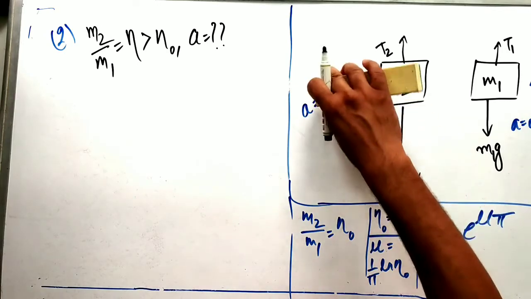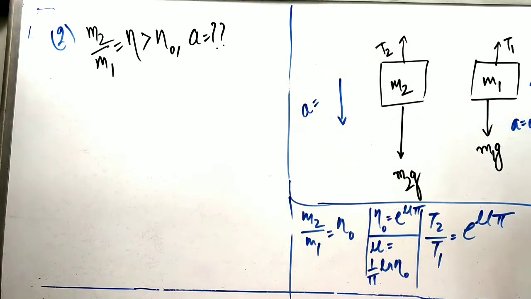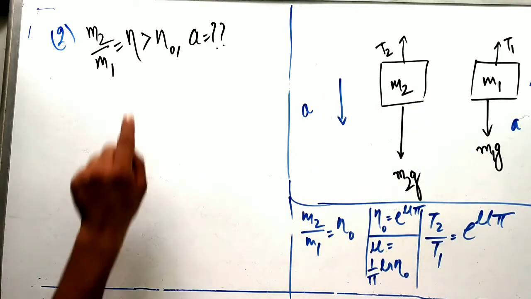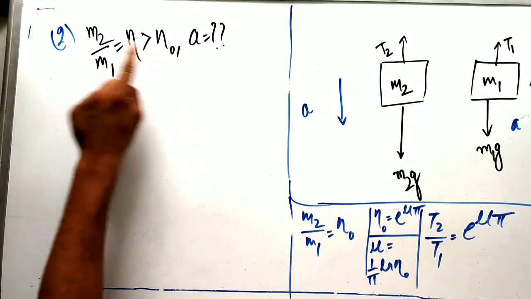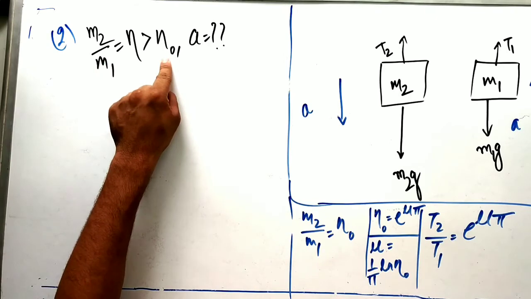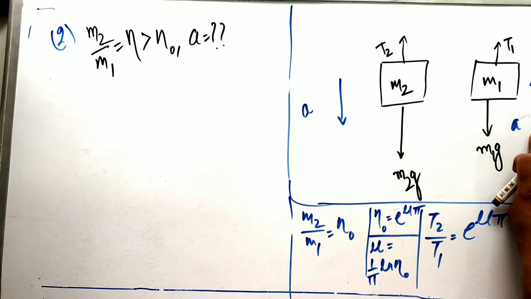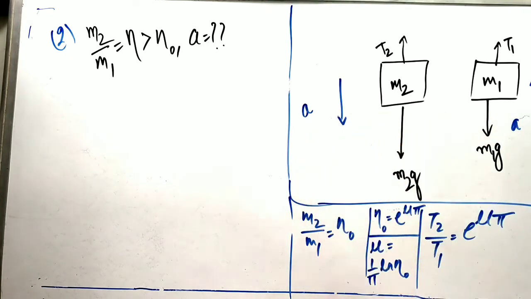Obviously, in the case the ratio M2 by M1 becomes larger than eta naught, these two bodies will develop an acceleration. The direction of acceleration we already know, and both of them are going to have the same acceleration a.